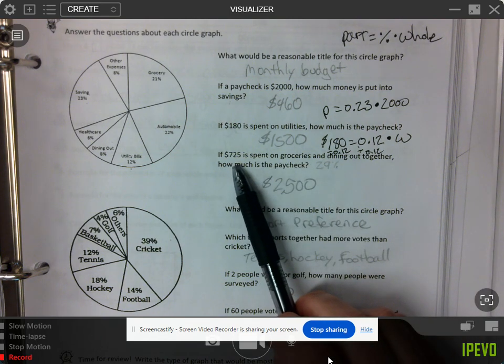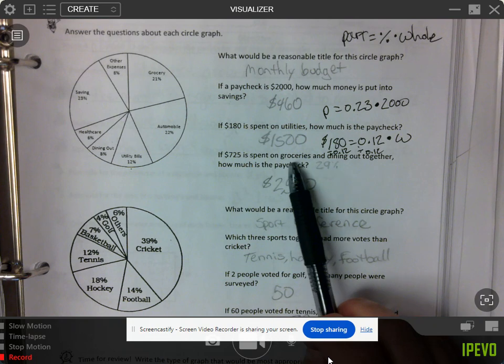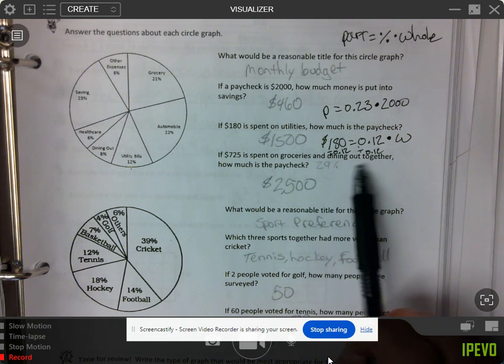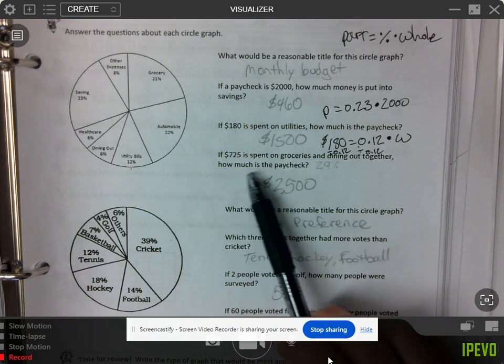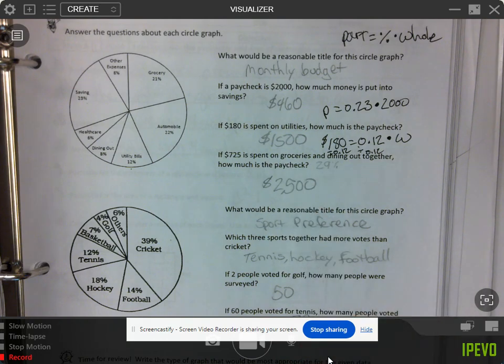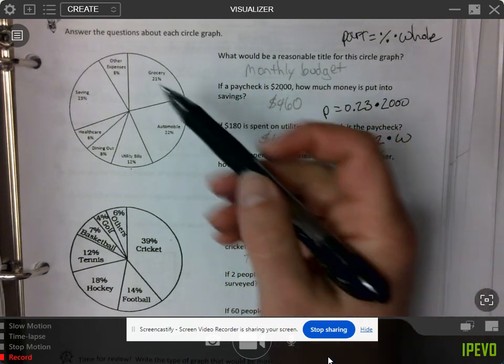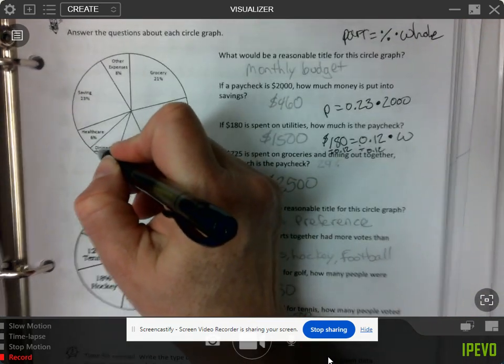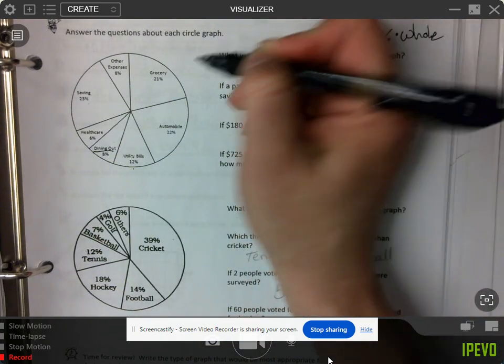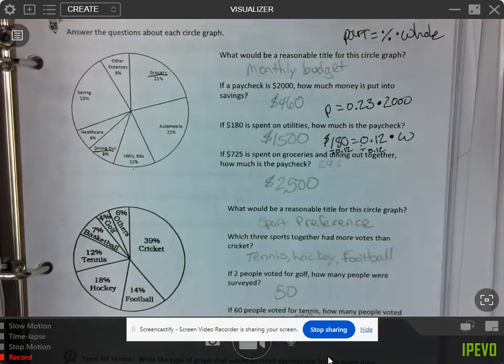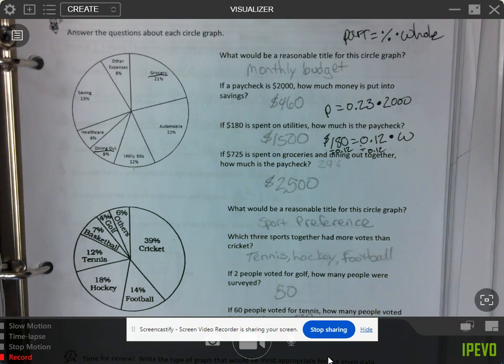If $725 is spent on groceries and on dining out together, how much is the paycheck? Well, for my percent, I need to look at dining out and groceries. I'm combining them together, so my percents have to be added together.